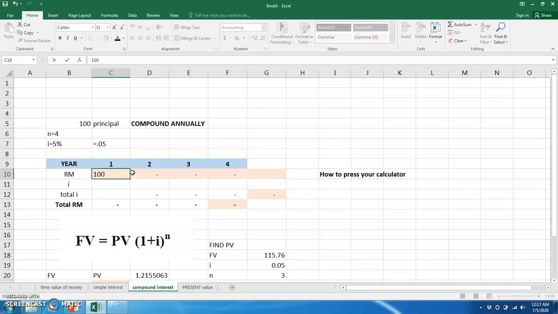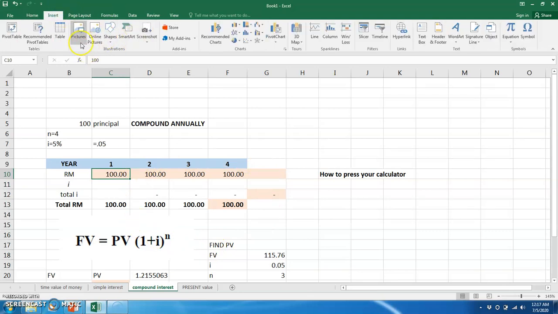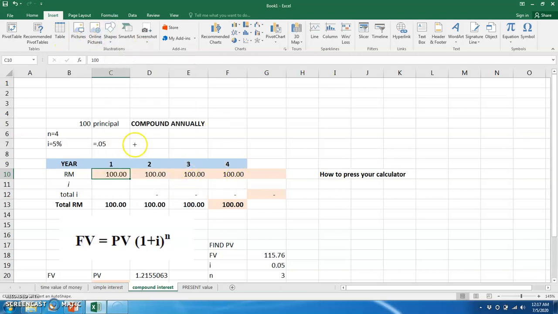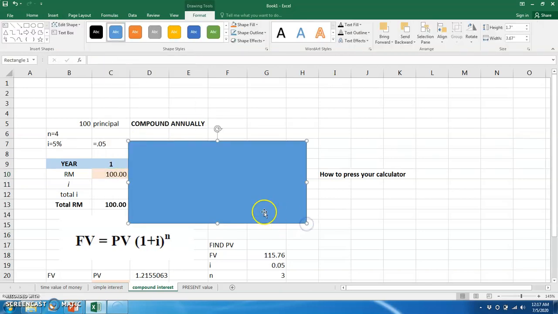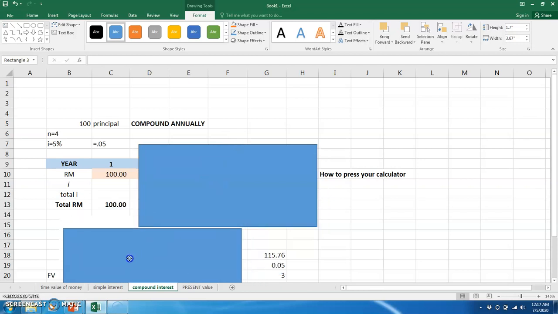First, in year 1, you put 100 ringgit. Please do not focus on this. Pay attention to what I'm going to say.